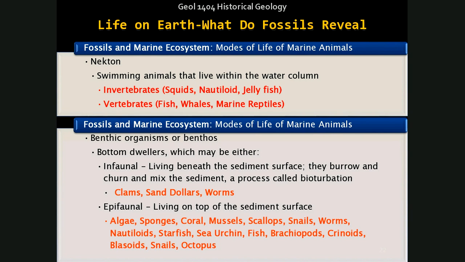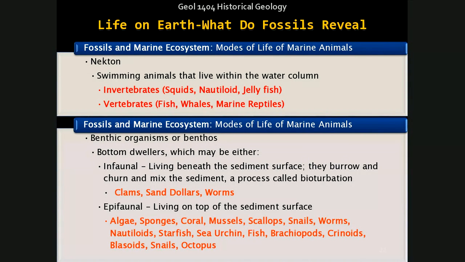These are invertebrates, without the vertebral column, without the notochord. Vertebrate organisms that are good swimmers include fish, whales, and some marine reptiles. And the bottom dwellers, the benthic organisms, include clams, sand dollars, and worms, which live beneath the sediment layer at the ocean floor, so they are infaunal.